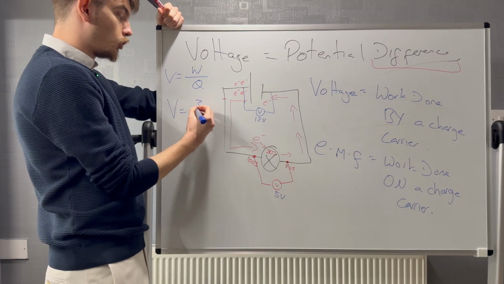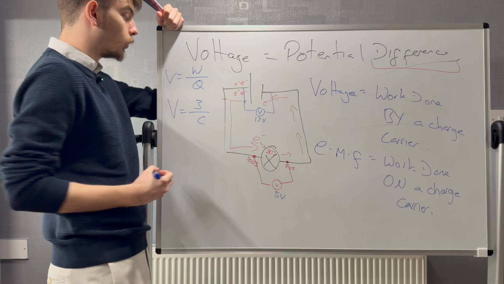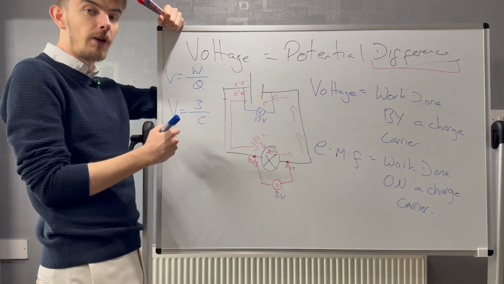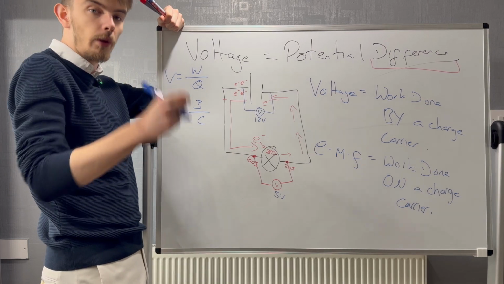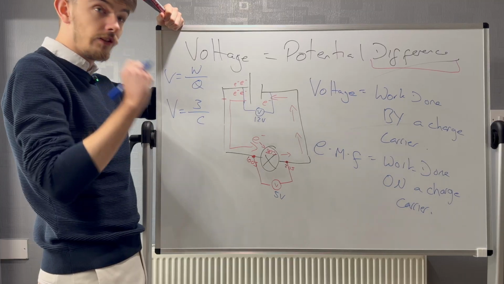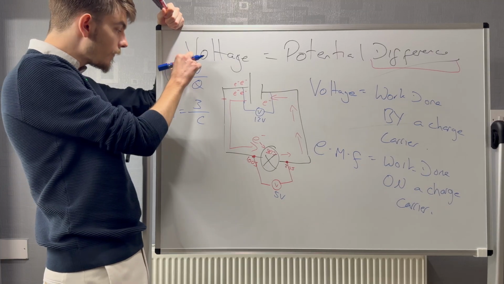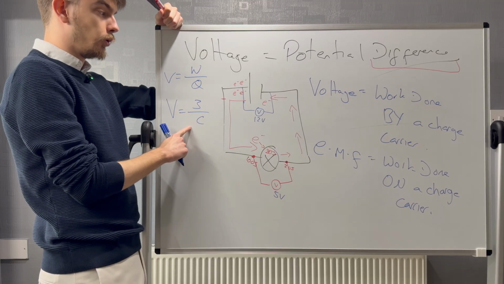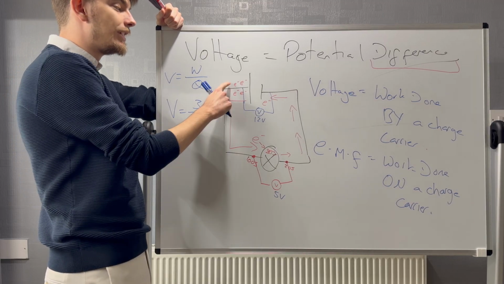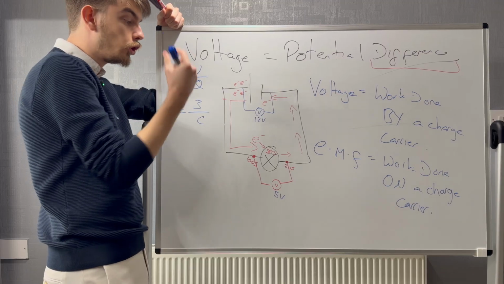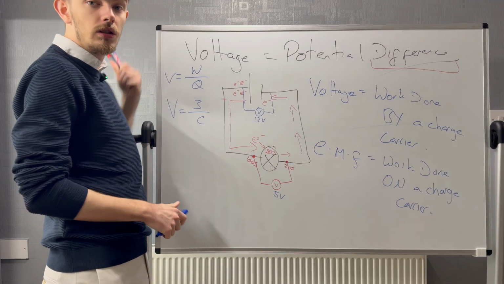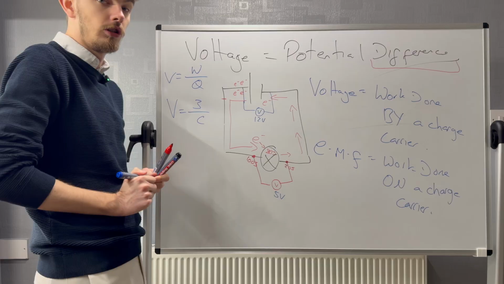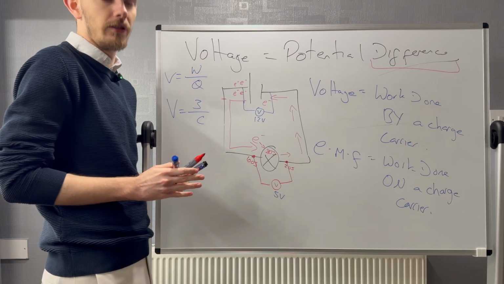It is joules per coulomb. Appreciate there's 2 V's, might get slightly confusing, especially if you try and throw in velocity in there as well. Be very, very careful with all of that. But a volt is a joule per coulomb. How much energy is each coulomb of charge doing in order to power my object or component?